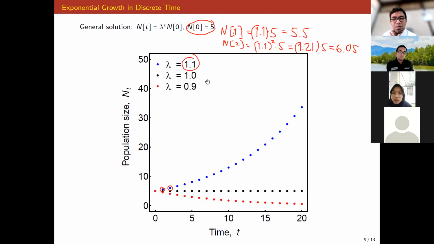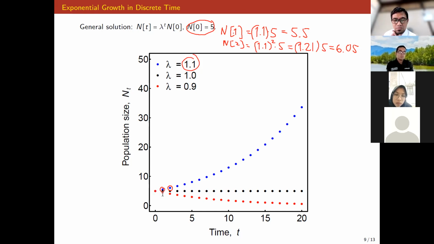Now, what about lambda is 0.9? You can try it, just calculate it by yourself. If you have lambda 0.9, at t is 1 we'll have N1 is 0.9 to the power of 1 times 5. Of course, that is less than 5, maybe 4 point something.